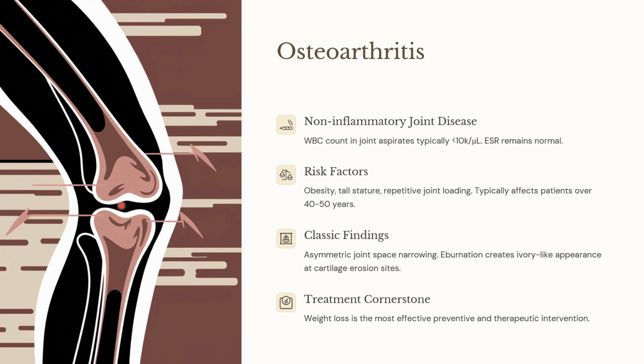So it will naturally be asymmetric; there need not be a symmetric pattern. And at areas of cartilage erosion, there is something known as eburnation. Eburnation is an ivory-like appearance of the bone in osteoarthritis where there is cartilage erosion.